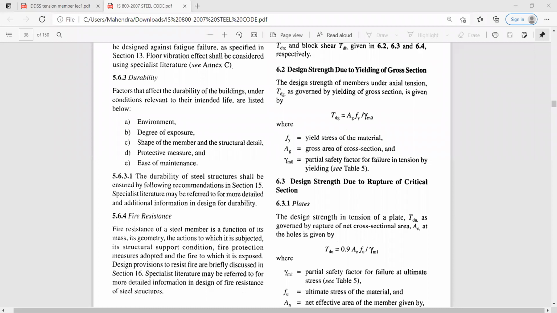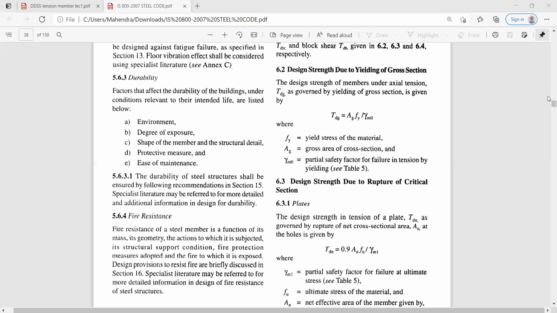Ag is the gross area of the cross section, which you will get from the steel table. Gamma m0 is the partial safety factor for failure in tension by yielding. This is given in table number 5 of the same IS code 800 2007, from which you have to take the values of gamma m0.